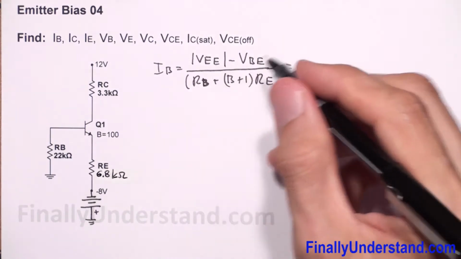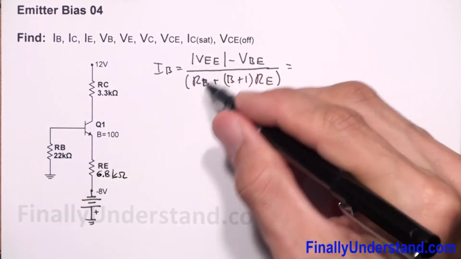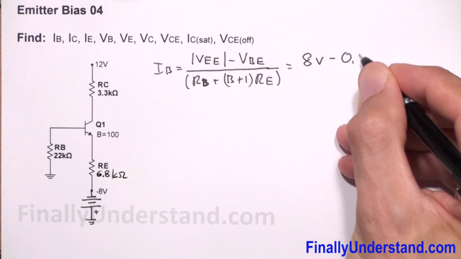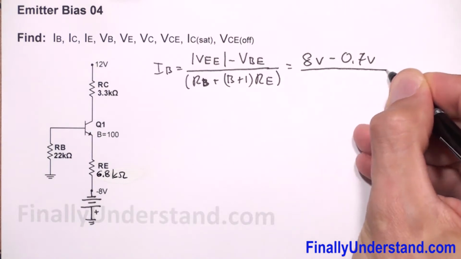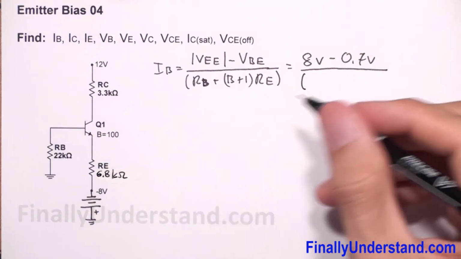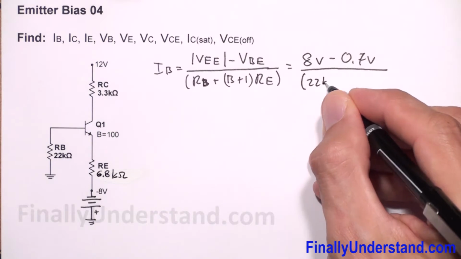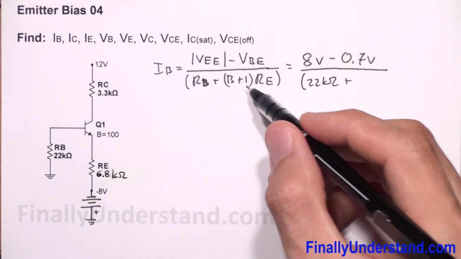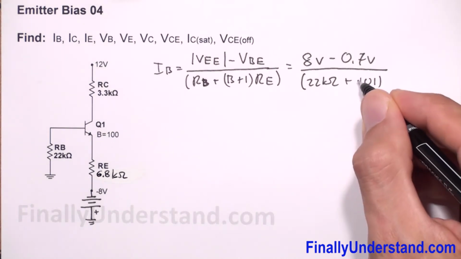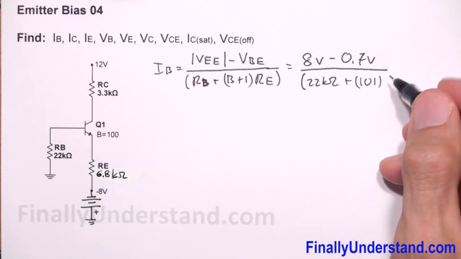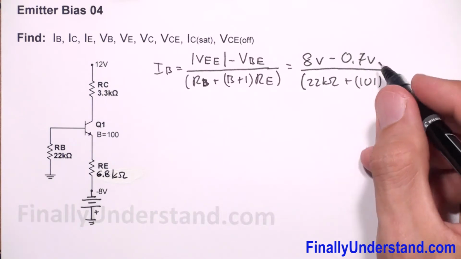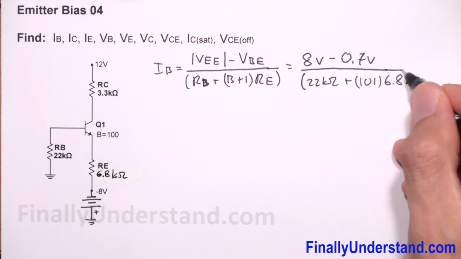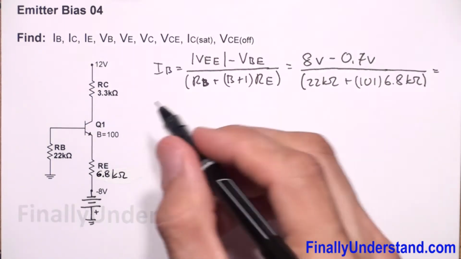So we have the absolute value of VEE, which is -8, is 8 volts, minus 0.7 volts over, open parenthesis, RB 22 kilo ohms plus beta plus 1, 100 plus 1 gives me 101, times RE, which is 6.8 kilo ohms, close parenthesis.